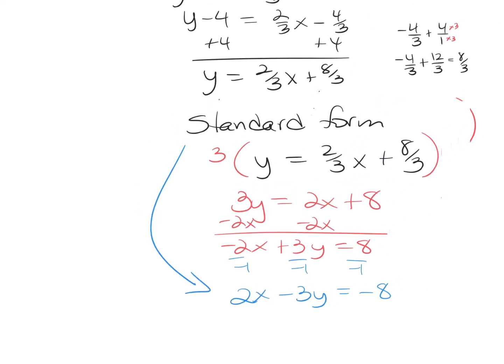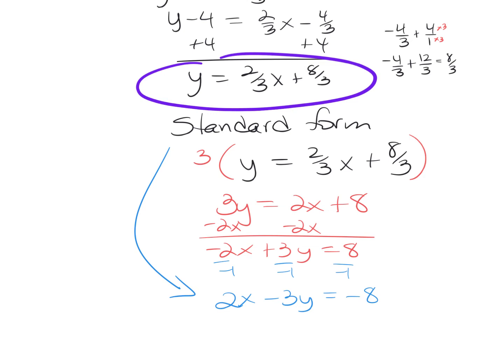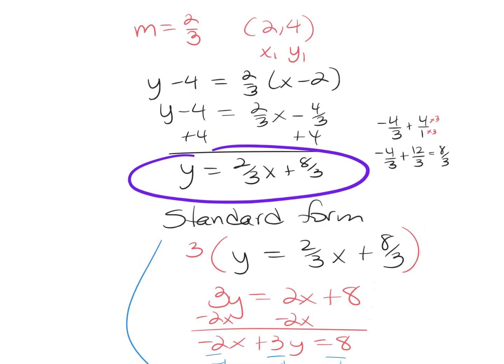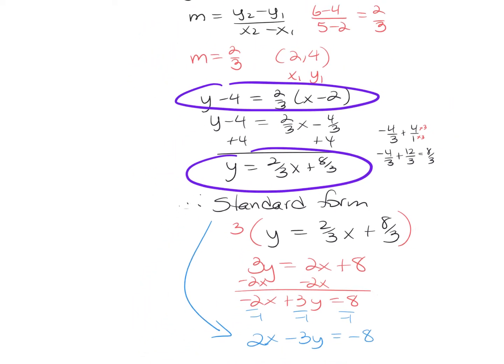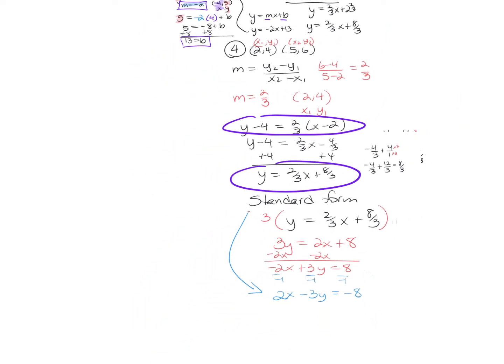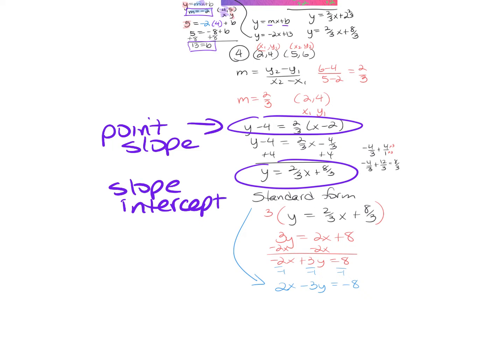If the instructions say slope-intercept form, then that's your answer. If the instruction said point-slope, then this is your answer. So be aware of the different forms. So again, this is point-slope. This is slope-intercept. And this would be standard.